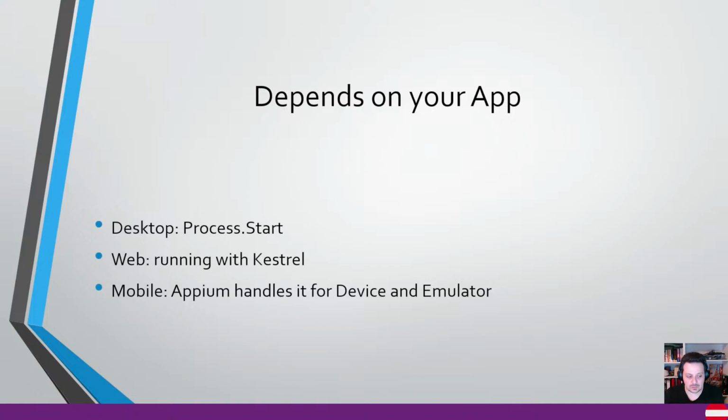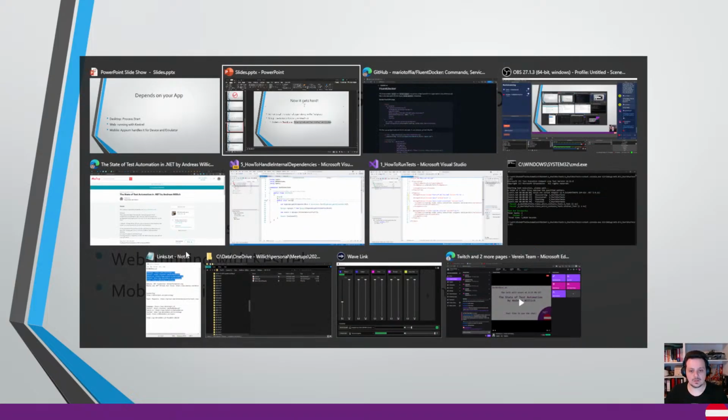For web application, the next way would be to run it in process with Kestrel. For that, I'll show you an example in a moment. And the last, for mobile, Appium handles all the uploading of the application to the device and emulator and starting it. So Appium does handle this. But let's have a look at the web example, how this works.